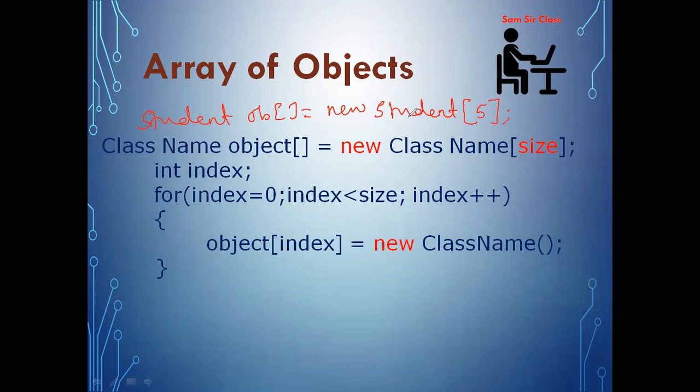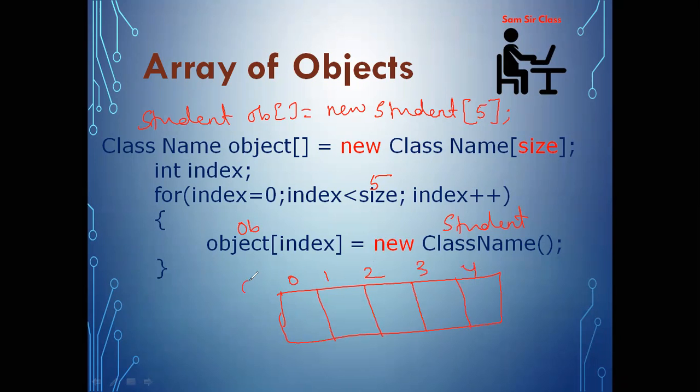That means I need to allocate memory for 5 students, but for every object I need to allocate memory dynamically. So I have to write this particular thing. How? Index equal to 0, index less than 5, index plus plus, then here OB of index equal to new Student. I have to write this statement so that once the array is created, array of objects are created.